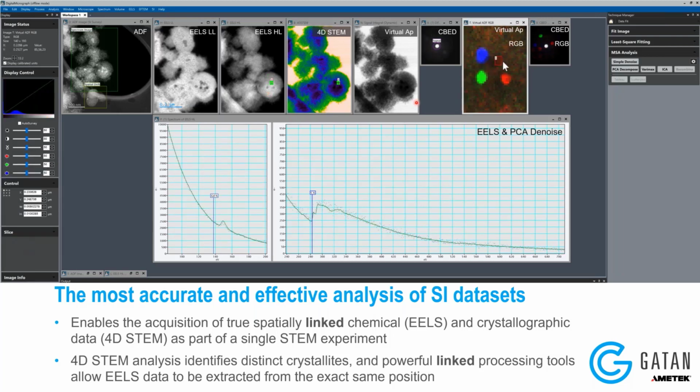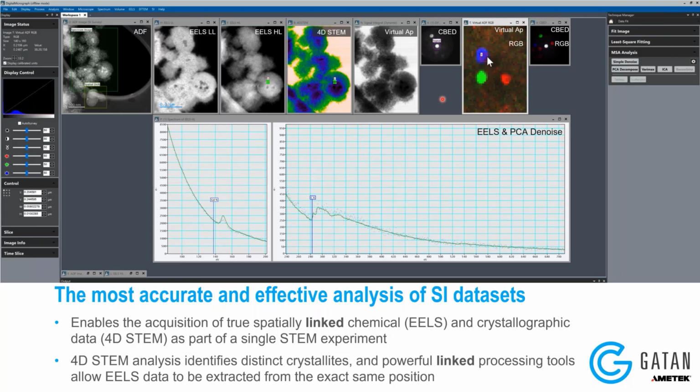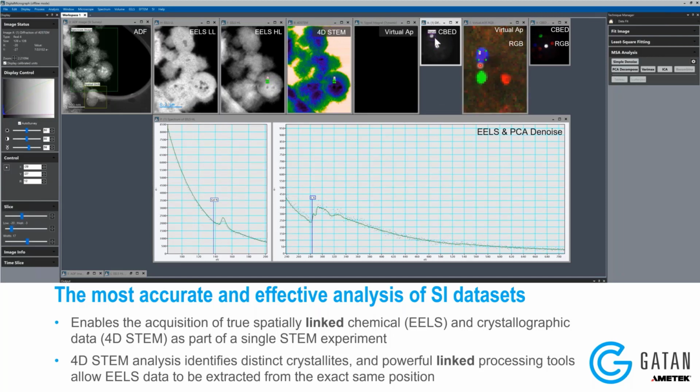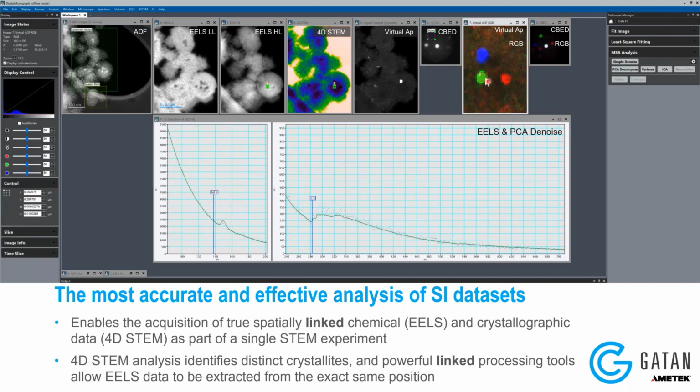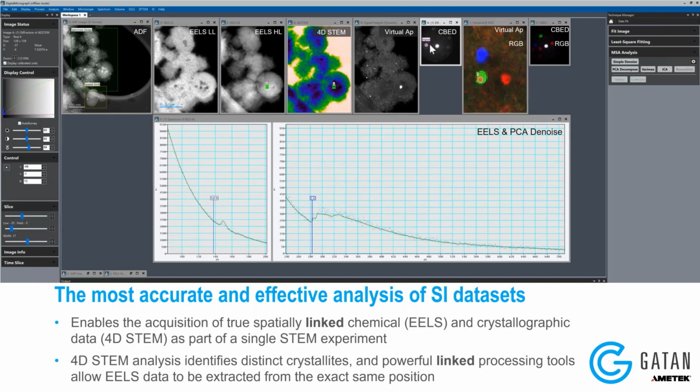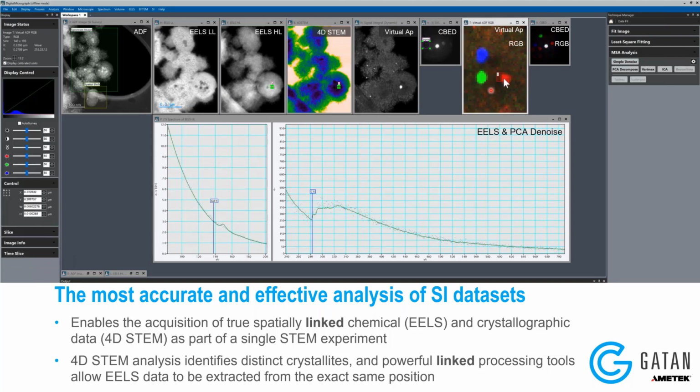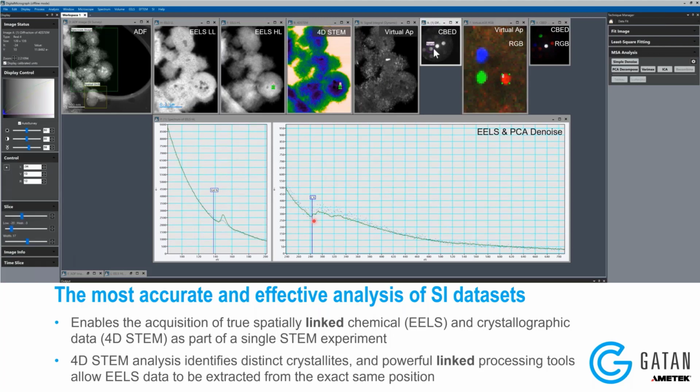Using the 4D STEM data, our application scientists identified particles or crystallites in the sample. And then because these data sets are spatially linked, he was able to go exactly, using the picker tool, to a specific particle that he was interested in, and then look at the EELS spectra from the exact positions in the EELS spectrum image data sets to study the chemical properties of the material at those crystallites.